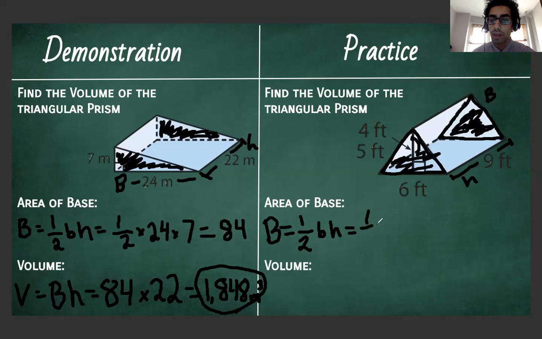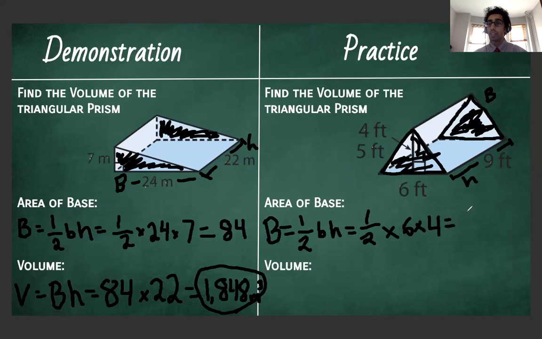If we plug in the numbers, I'm going to get 1/2 times, what is the base of this triangle? 6. And what is the height of this triangle? Not 5, but 4. Sometimes they might give you an extra number here just to throw you off. We're looking for the height of this triangle. That would be 4. Okay.